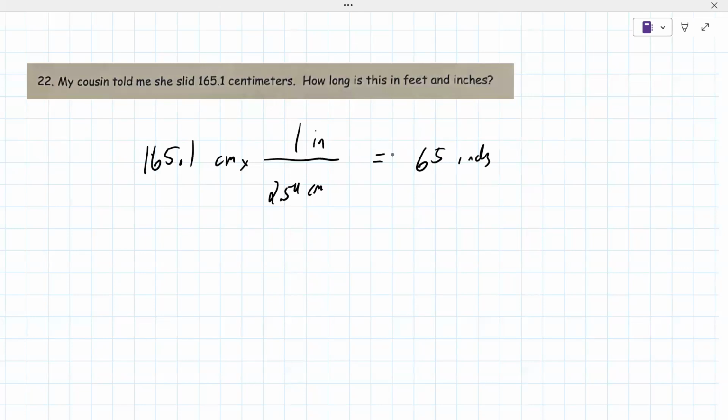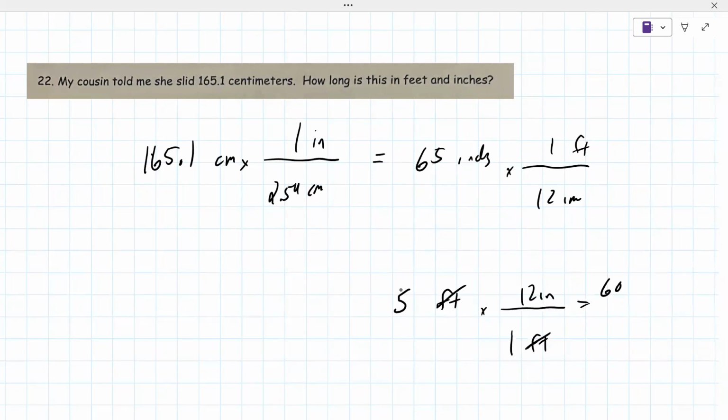There are 12 inches in 1 foot, but if you take 65 and divide it by 12, you get 5.4. So that tells you there's 5 feet, but how many inches are left over? We know 1 foot is 12 inches, so 5 feet is 60 inches total.